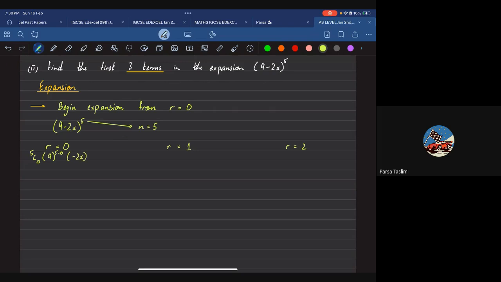Should I take minus 2x or only 2x? Minus 2x. Obviously, the sign always travels. The sign is of the number, so it's going to travel with the number. Clear? Tell me the answer of this one, and then technically tell me the answer of all three of them.